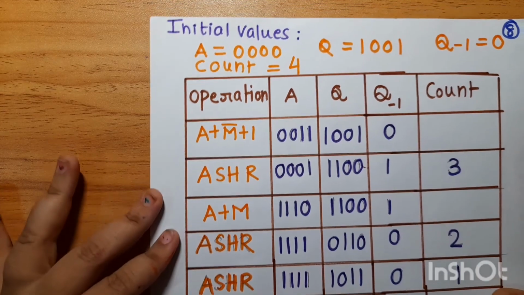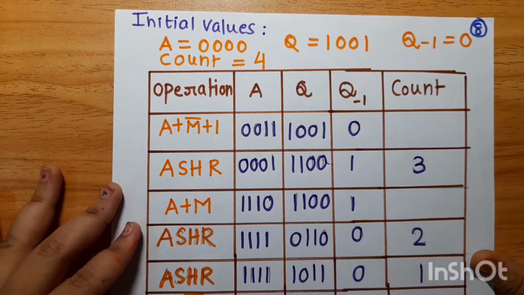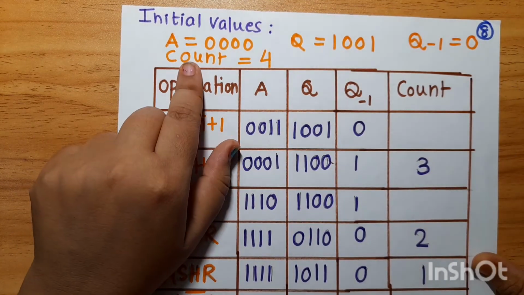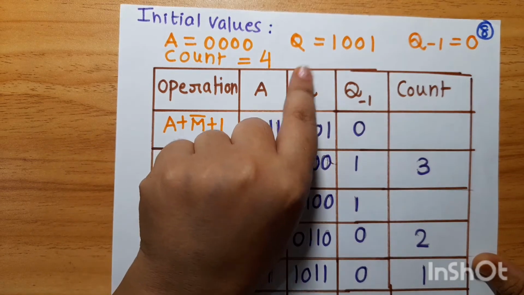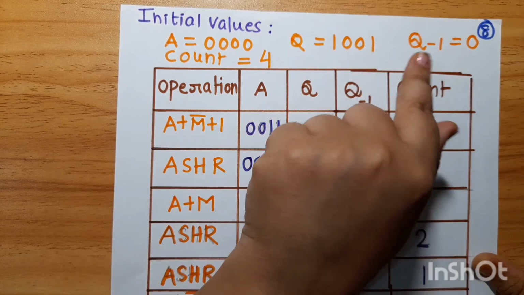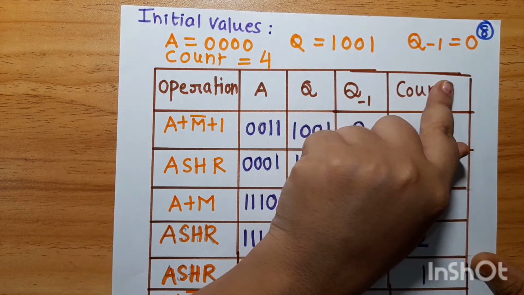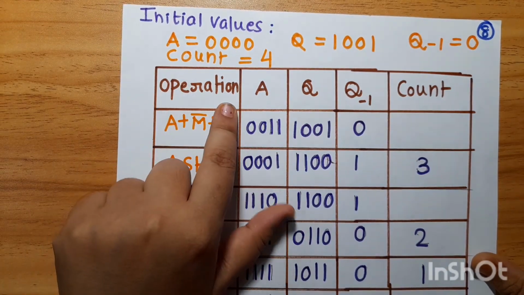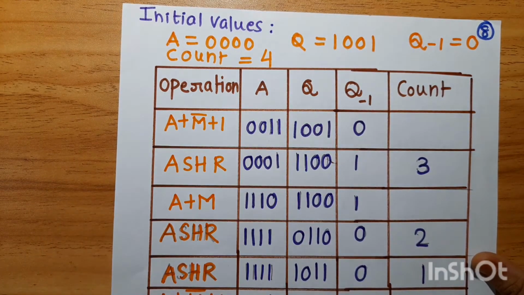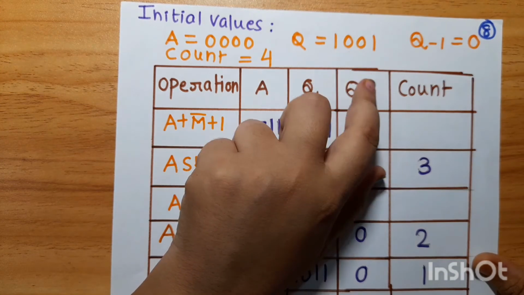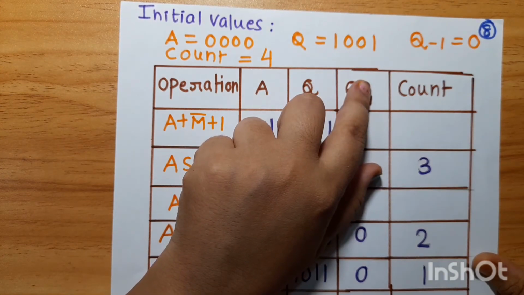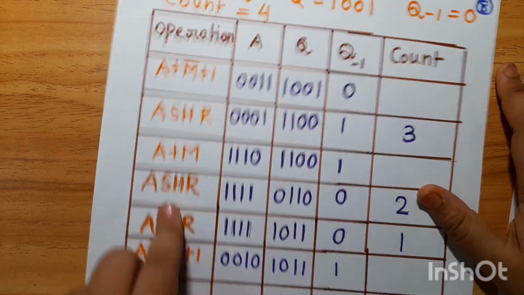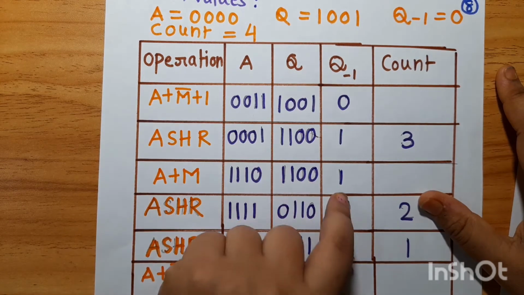Now I have made a table. See, the initial value of A is all 0, Q is 1001, Q minus 1 is 0, and count is 4. The number of bits of the multiplier is 4, and 1001 is the 2's complement of 7, so it is the minus 7 value. Now in your table you see there are 5 columns: 1, 2, 3, 4, 5.